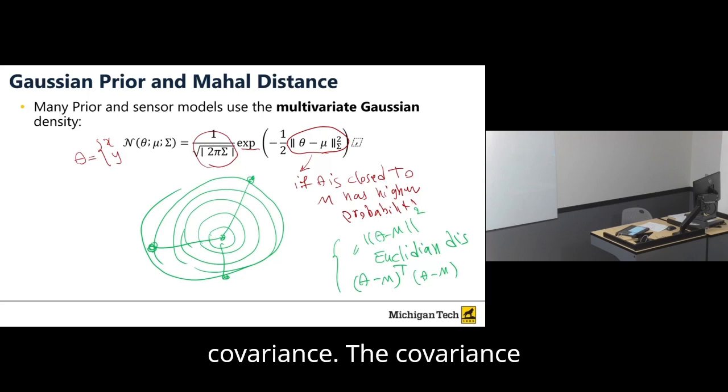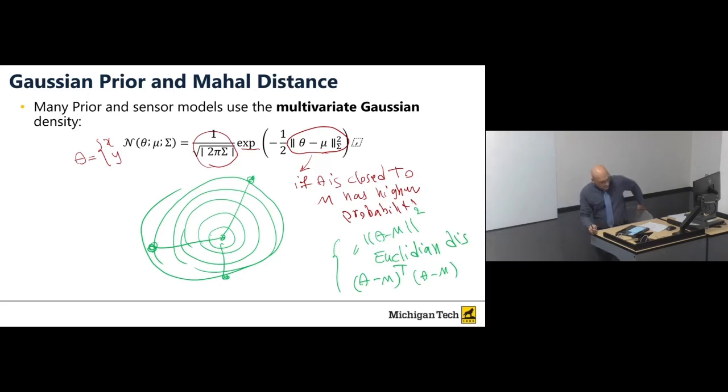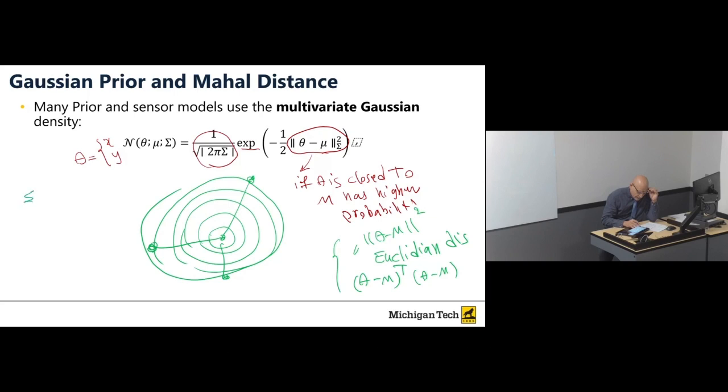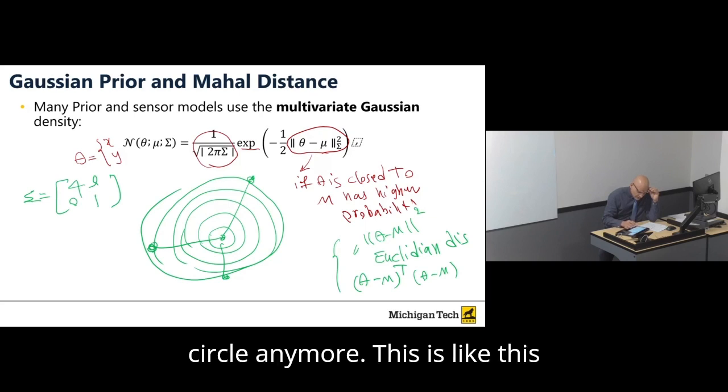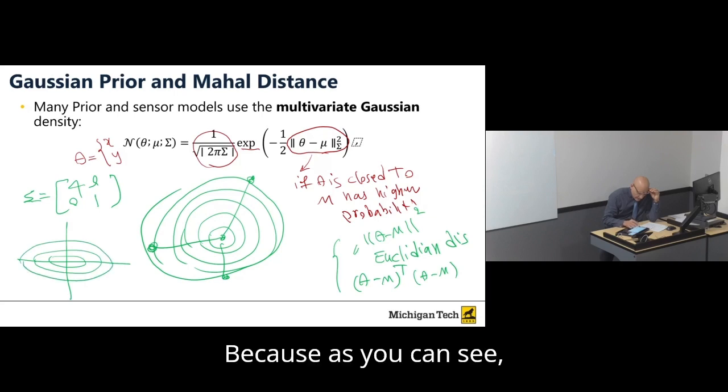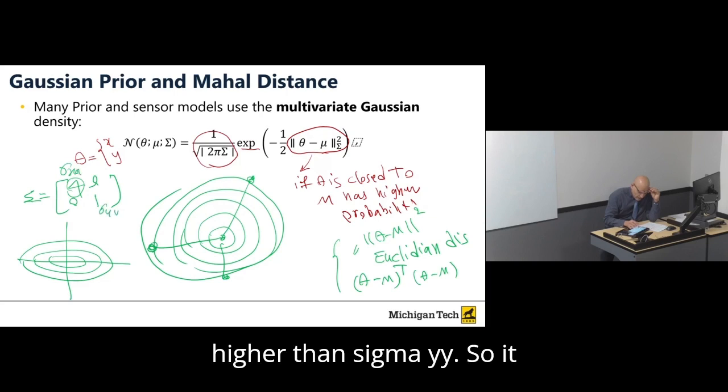We don't consider covariance. For example, if sigma is like 4, 1, 0, 0, this is not a circle anymore. This is like this in this case, because as you can see, sigma x is higher than sigma y.